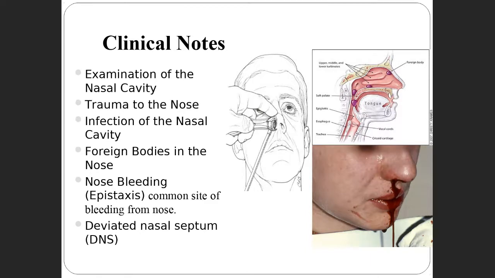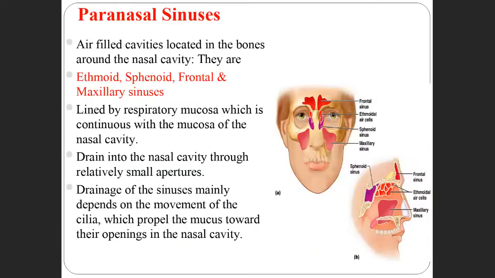And the bleeding: last time somebody asked about it, so today we will discuss it in the lab. How nasal bleeding starts is also called epistaxis. And I will also tell what a deviated nasal septum is. I will show it, and then you will understand. So what is the part of the nasal septum in the nose? Next.